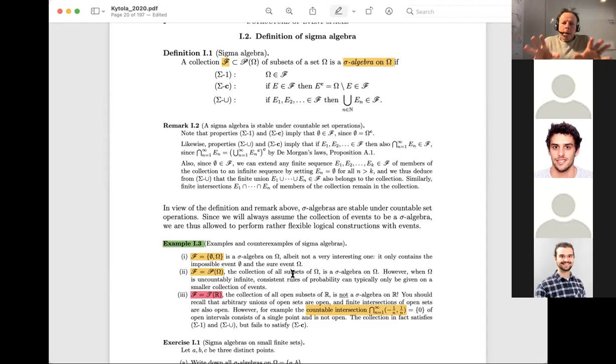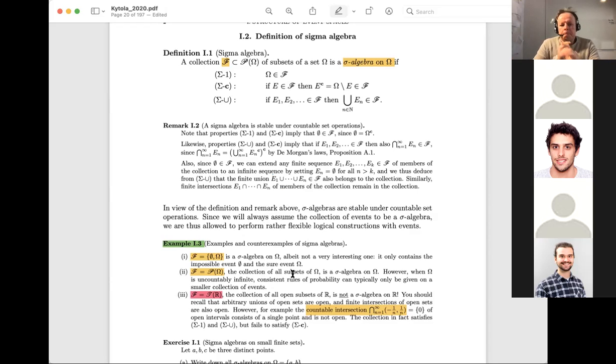Remember, a sigma-algebra is the collection of measurable sets, the collection of sets to which we will be able to assign a probability. So the sigma-algebra will be our fundamental collection of events where we can give probabilities and define them.